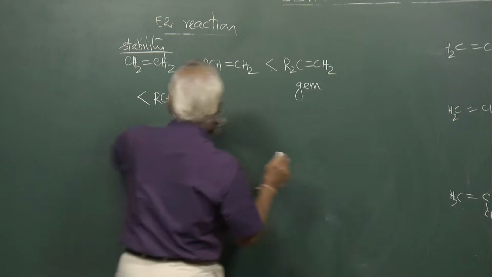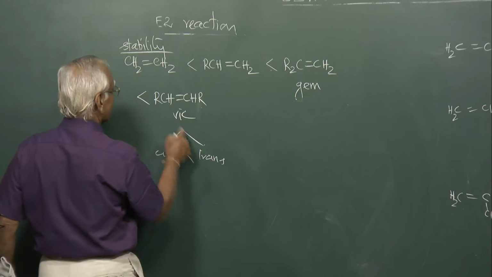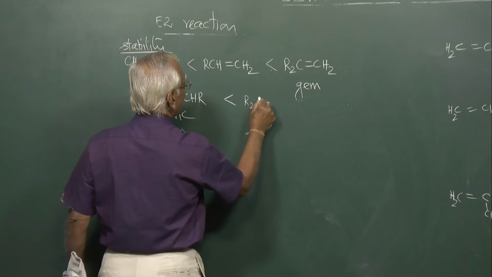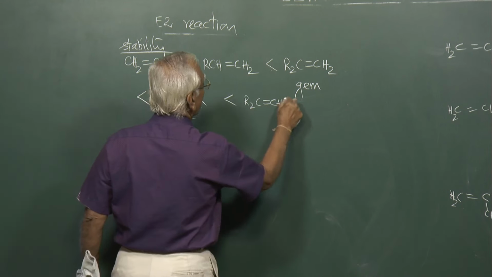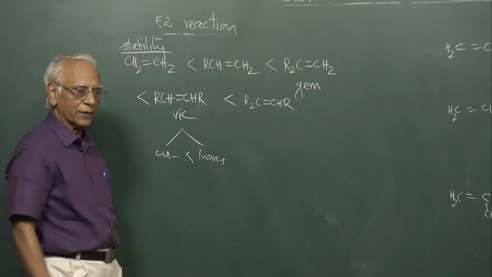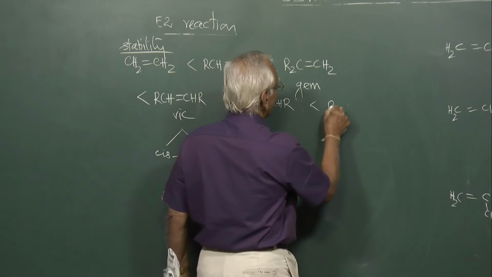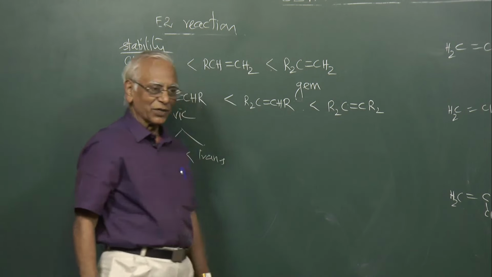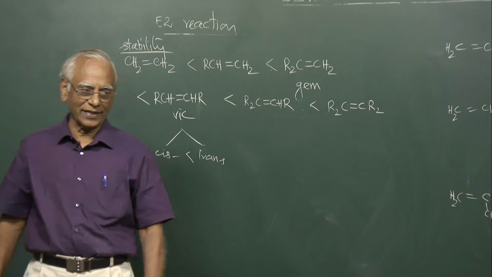The next one, trialkylated alkene, CHR, trialkylated. And finally, tetraalkylated alkene.